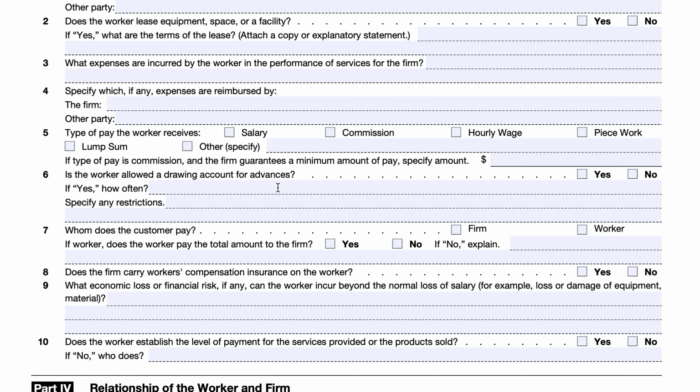Does the firm carry workers' compensation insurance? What would happen if the worker broke something, like if they damaged equipment? Who's responsible for fixing that? Does the worker have control over how much they get paid, or where and when products get sold, or services that are provided?